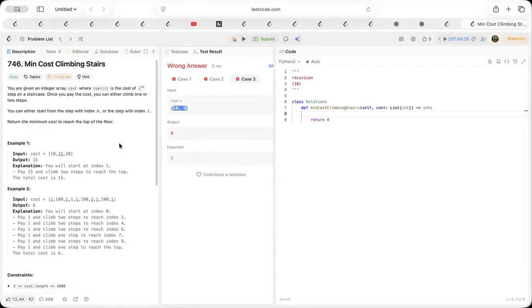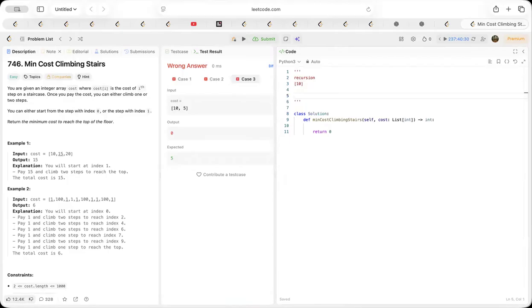Basically I can start at this point, and I could have come to this from the index minus 2, or I could have come to this from index minus 1. Right.